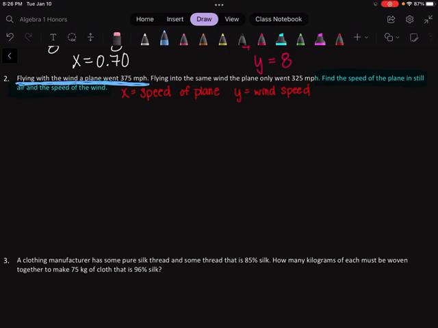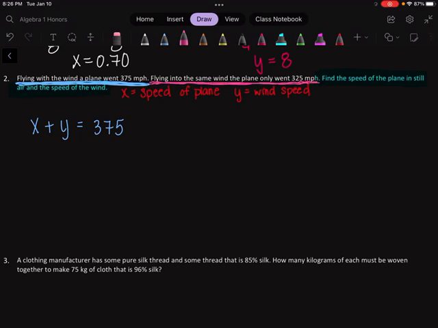So that would be x plus y. So the speed of the plane plus the wind speed with it is going to be 375 miles per hour.